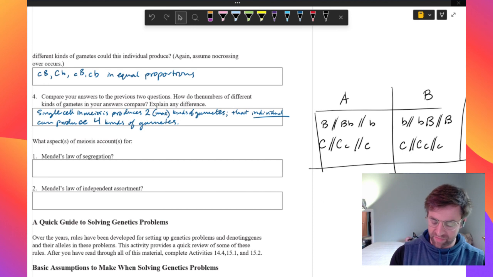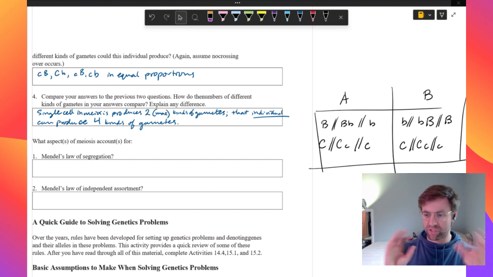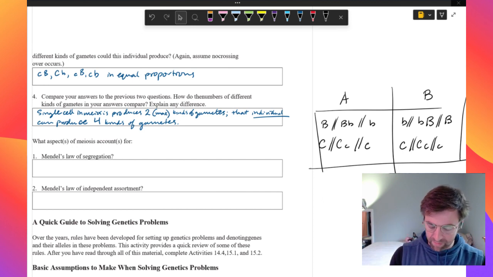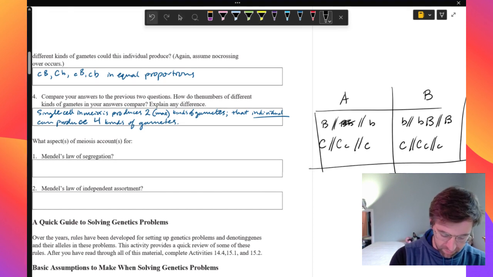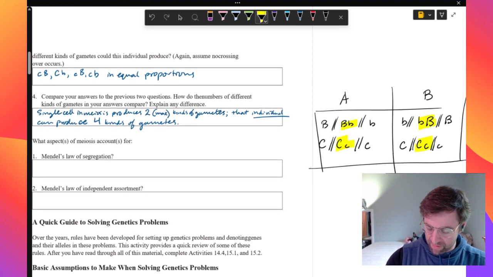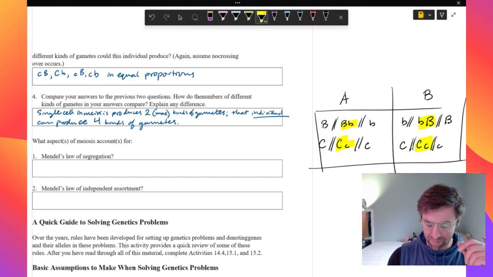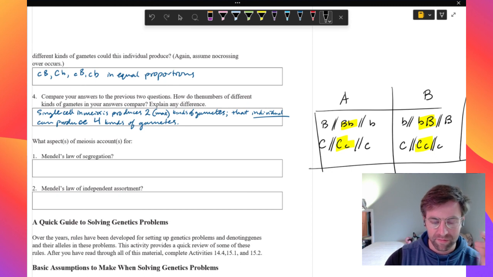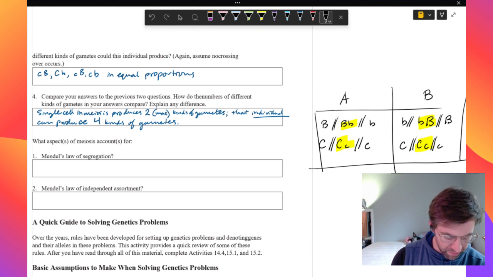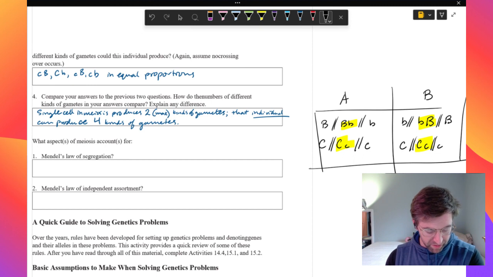When we have these heterozygous individuals with two different traits that we're looking at, we have opportunities for all of these various combinations, depending on which one is lined up at the metaphase plate in meiosis one. So, let's move on.